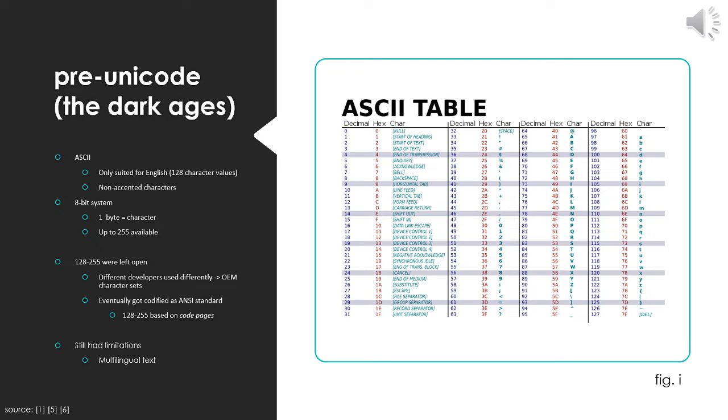So at that time, different developers managed to get around those limitations by assigning their own characters to the values 128 to 255. And this led to what were called Original Equipment Manufacturer, or OEM, character sets. As an extension of that, computers designed for the multilingual markets would eventually develop what they called unique code pages assigned to the slots from 128 to 255.